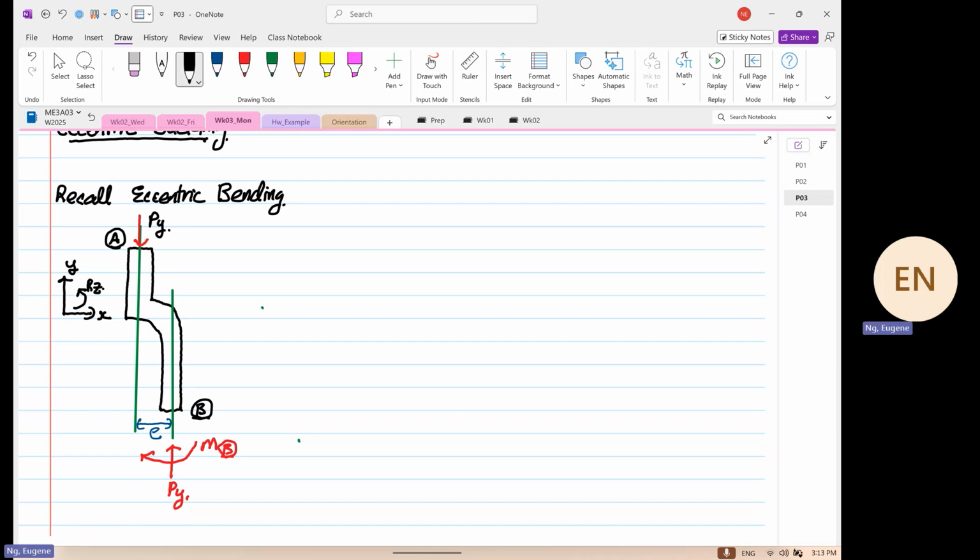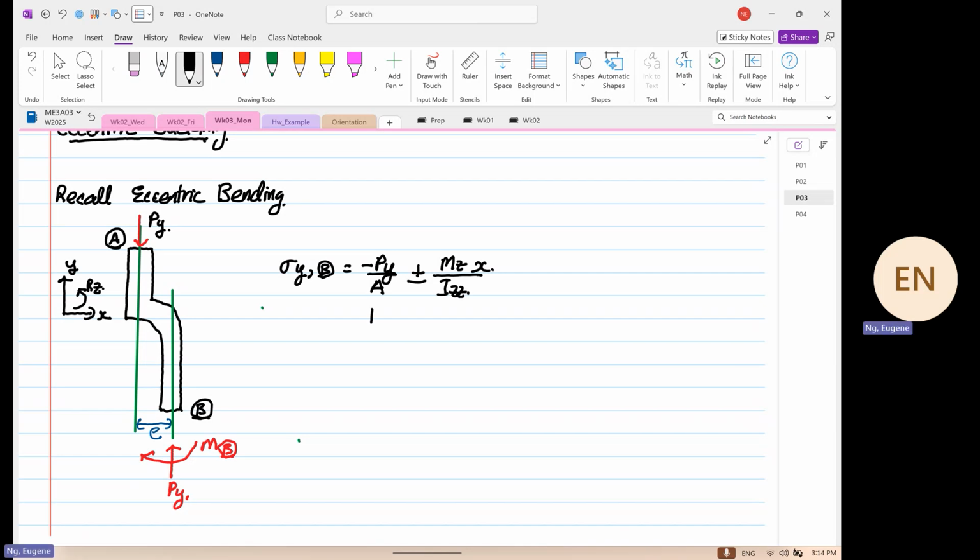And then when we calculate the stress, you'll be familiar with this, right? We call this the normal stress in the Y direction at point B, which will be equal to minus PY over A plus minus MZ over IZZ multiplied by a distance X. Okay.